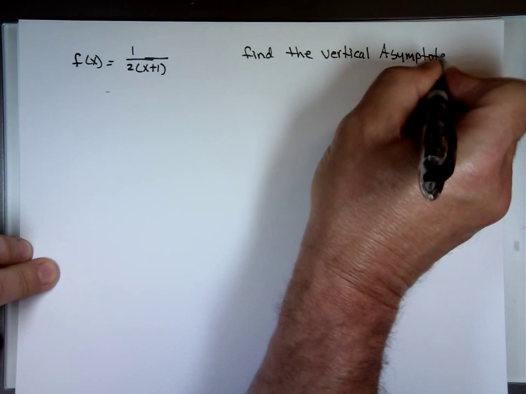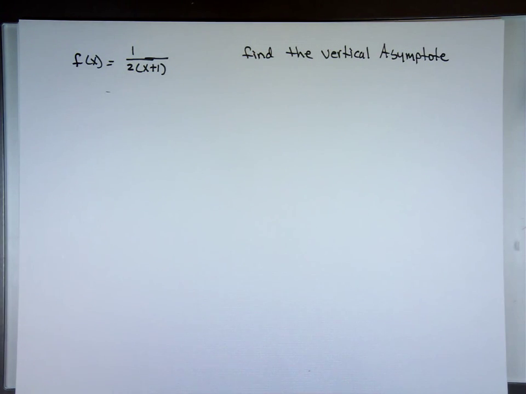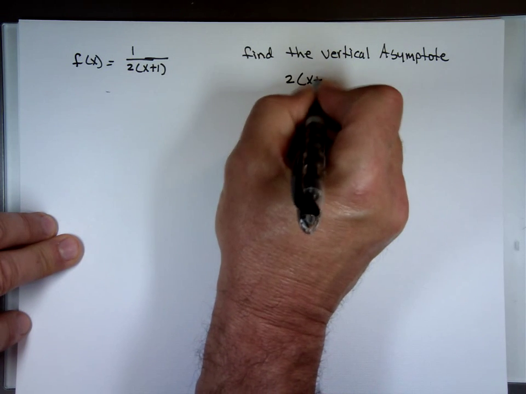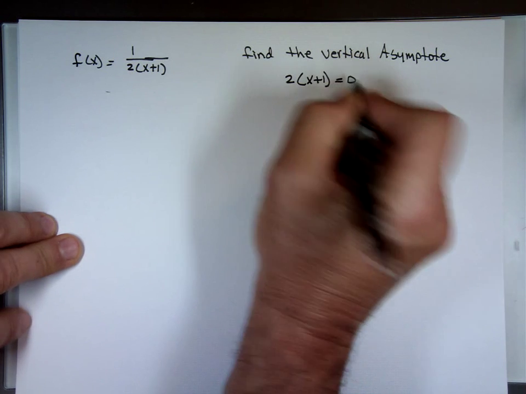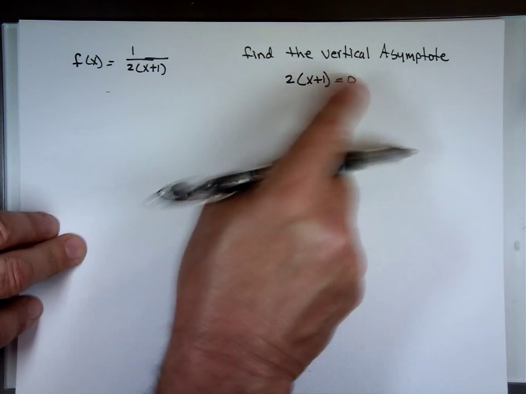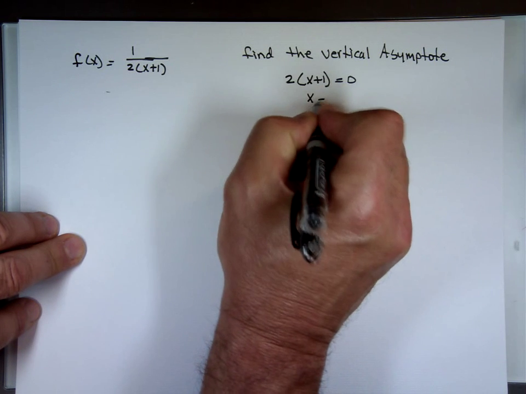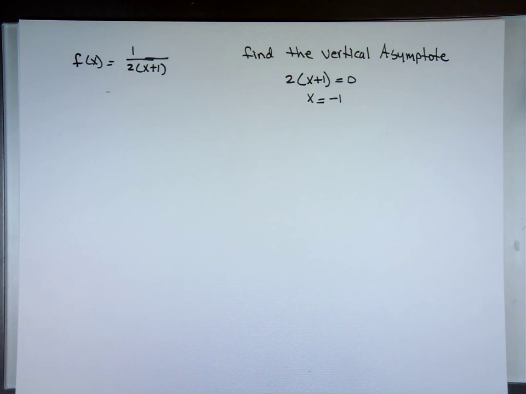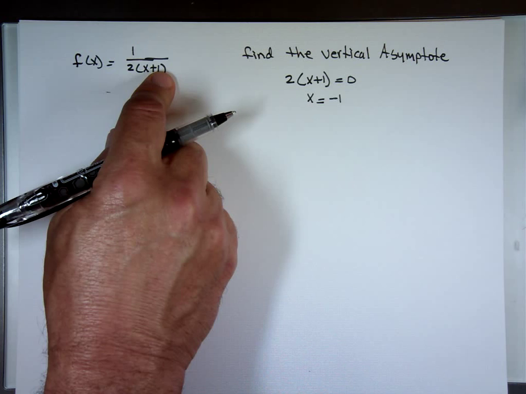And to find where the vertical asymptote is located, you take the denominator and set it equal to 0. For the bottom to be 0, the 2 will never be 0. That means x will have to be what? -1. That is the only spot where if x is -1, this will be dividing by 0.